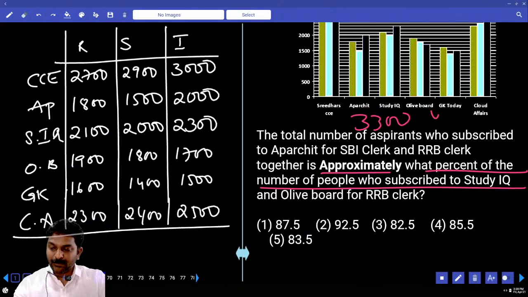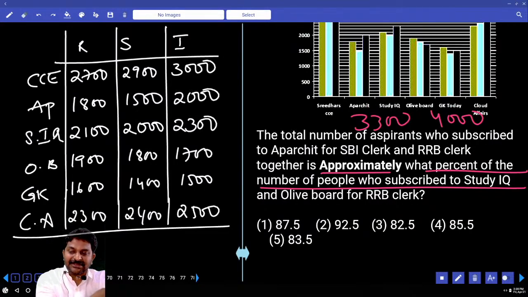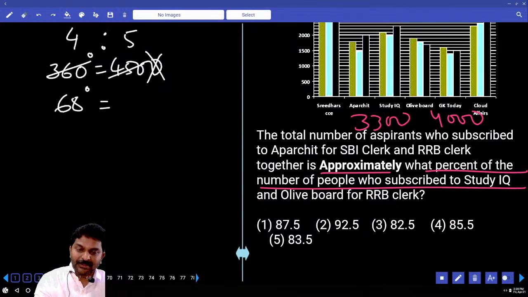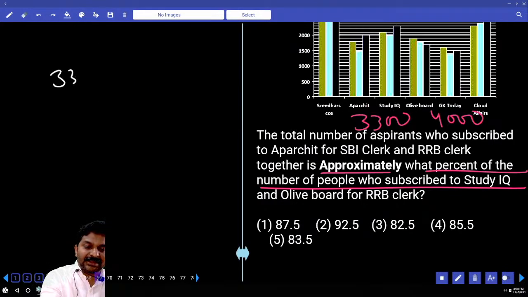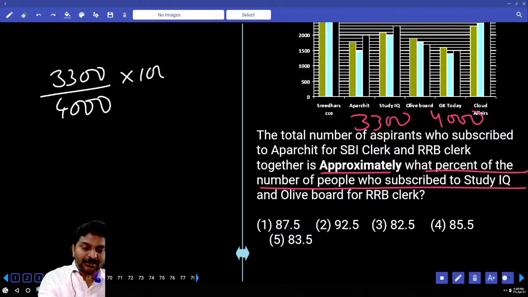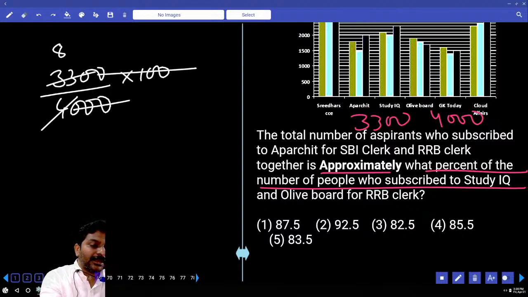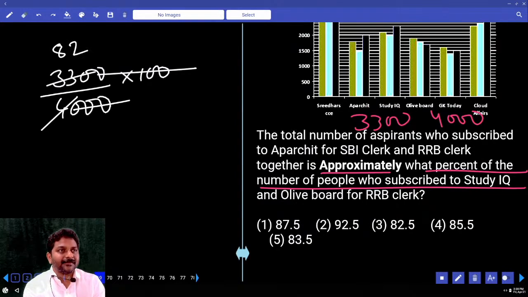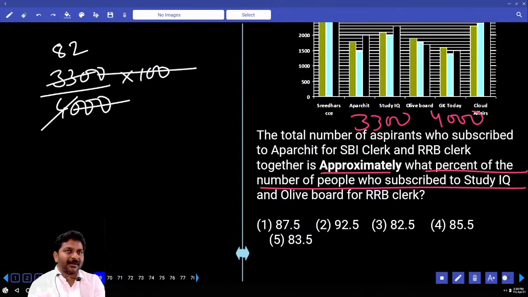Come on. 4,000. So 3,300 is approximately what percent of 4,000? That's what the question is. So now 3,300 divided by 4,000 into 100. 3 zeros can be cancelled. 4, 8 times. 4, 2 times. Only one. 82 and a half.